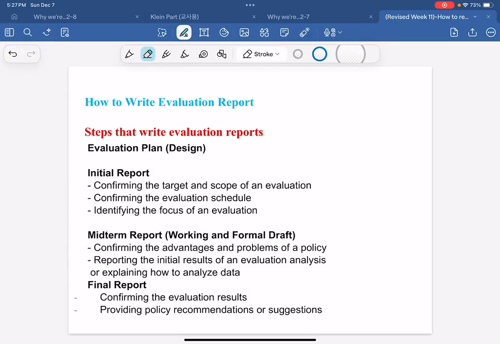And then at the end of evaluation, you need to write the final report. The final report should include the evaluation result, and evaluators need to provide policy recommendations or suggestions.